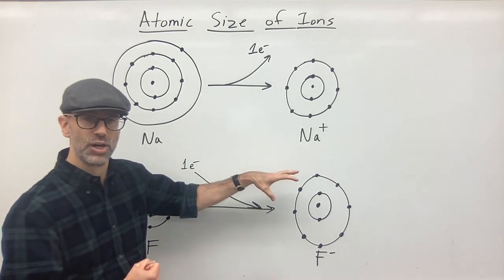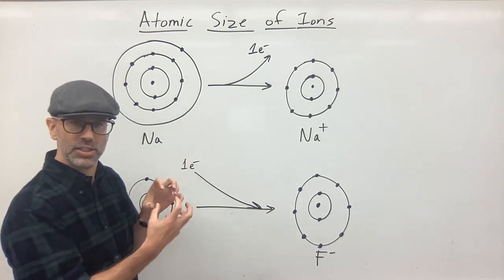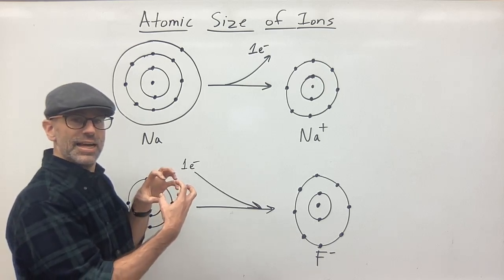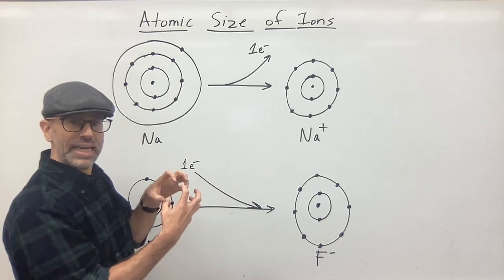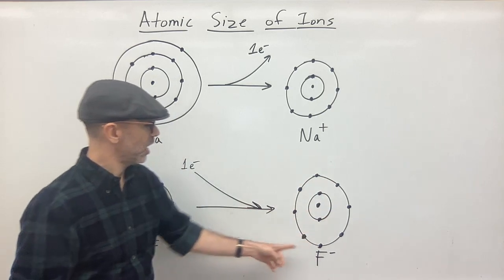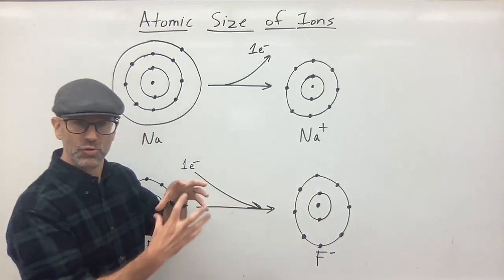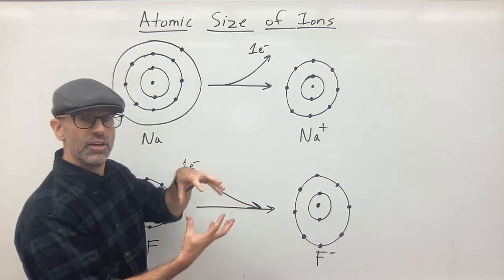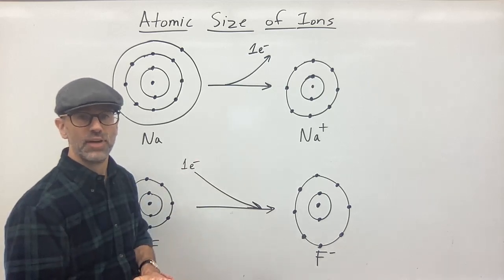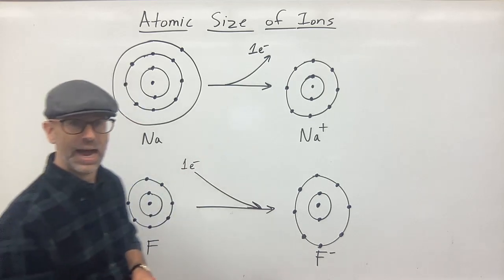So the more electrons you put in, the more they're going to repel each other. And so they're going to move away, and that's going to increase the size of the atom, because the electrons want to move away from each other, thus increasing the size of the ion.